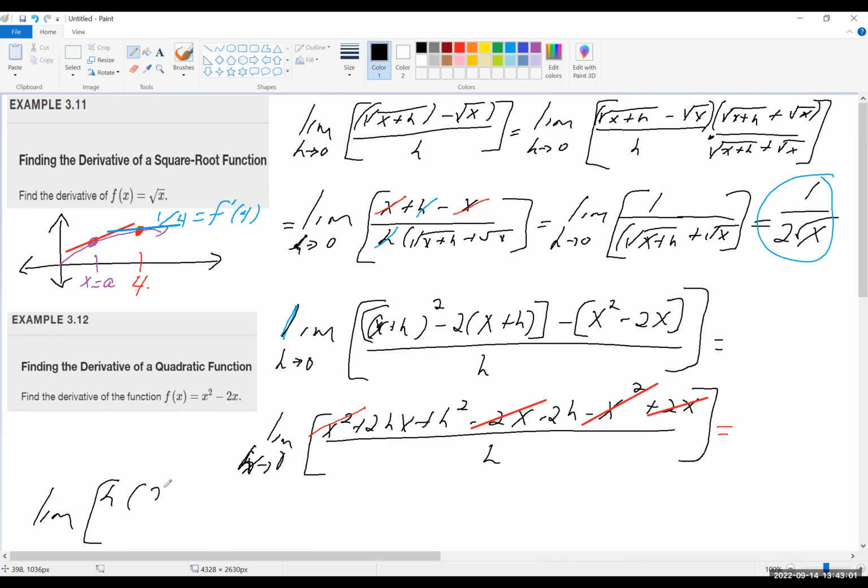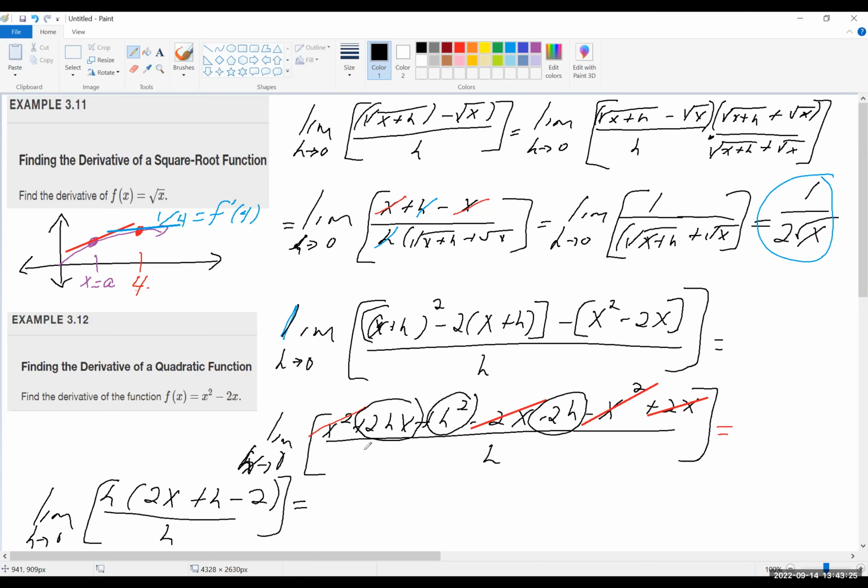So it's going to be 2x plus h minus 2. So it's this term, and this term. But I'm factoring out an h from all of them. And of course, h is going to 0.